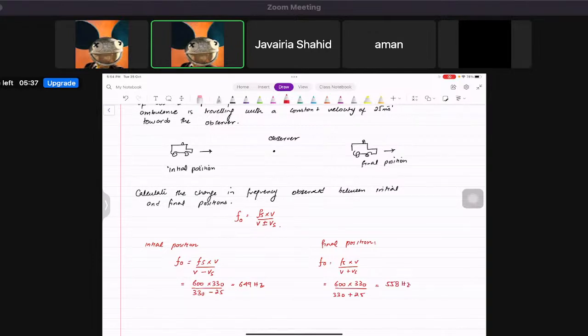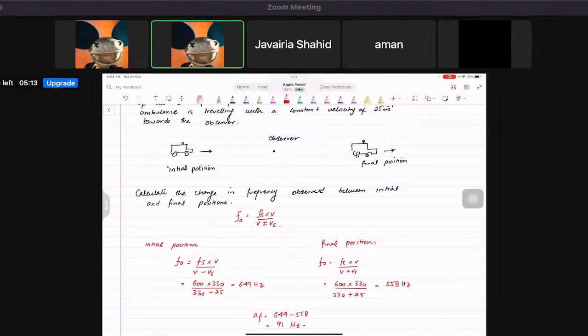So when you're finding the change, the change in frequency would be 649 minus 558, and that should be 91 Hertz. Alright, if you guys have any questions, please let me know.